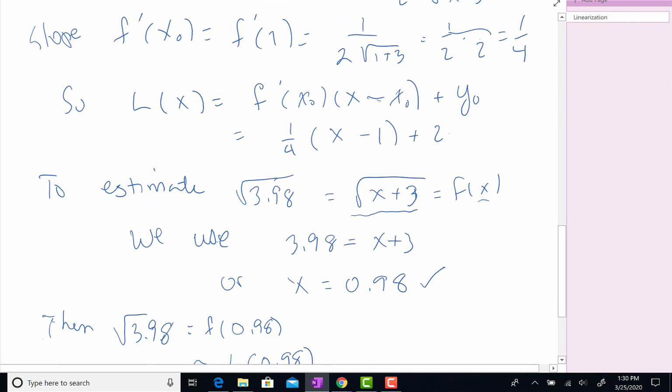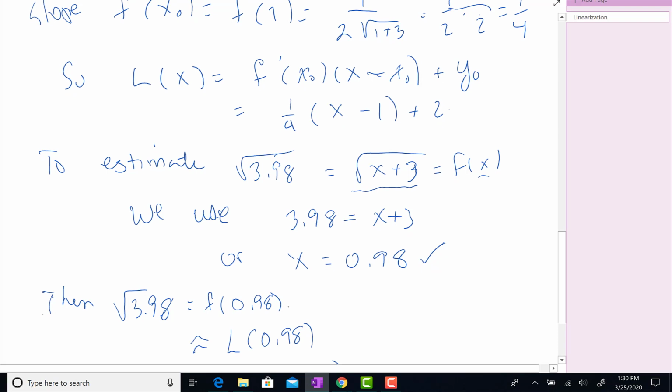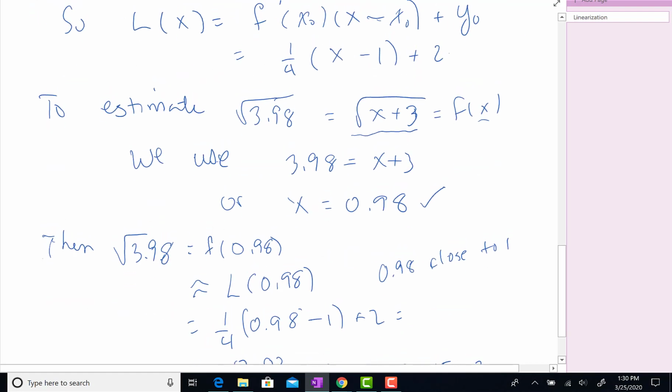In that case, the square root of 3.98 is f of 0.98, and this would be approximately equal to the linearization of 0.98, because 0.98 is close to 1.